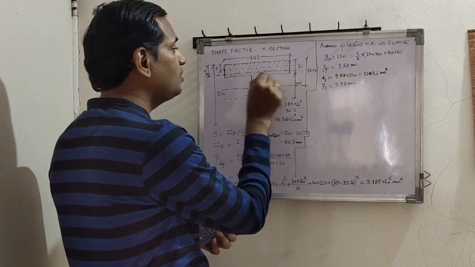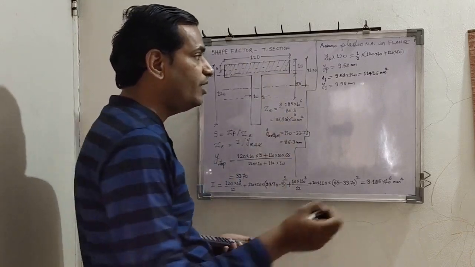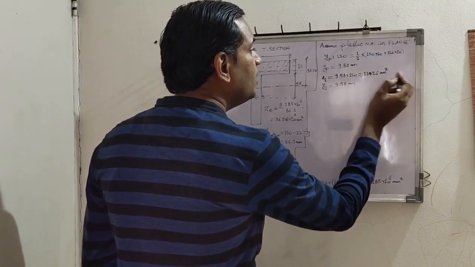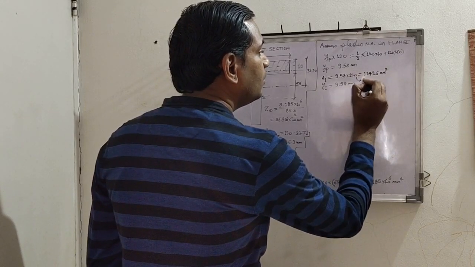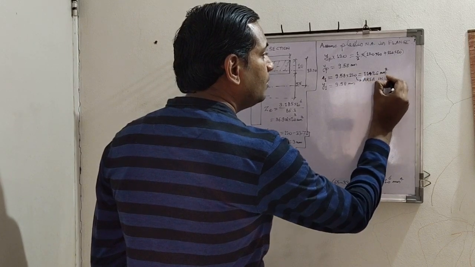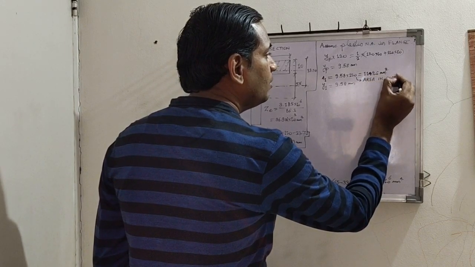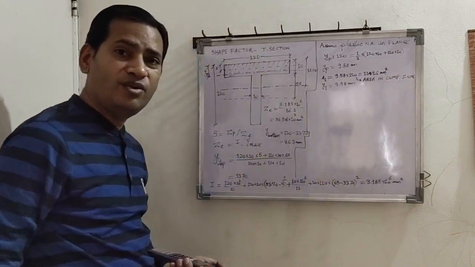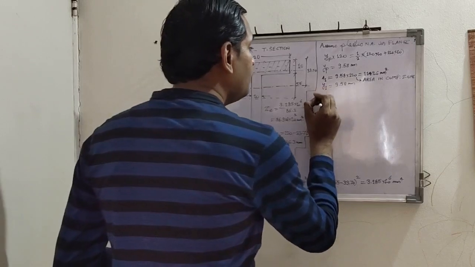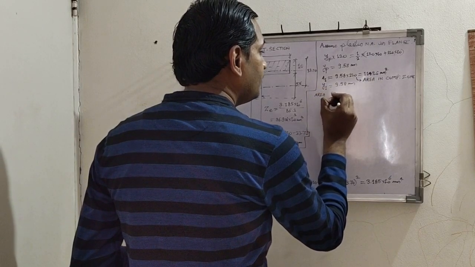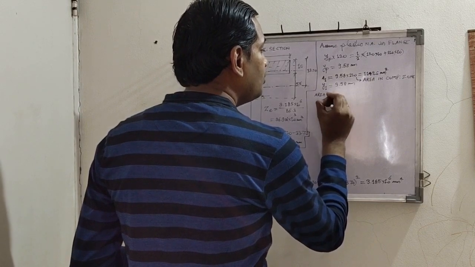This is the area in the compression zone, above the plastic neutral axis. Now we shall find out the area below, or the area in the tension zone.